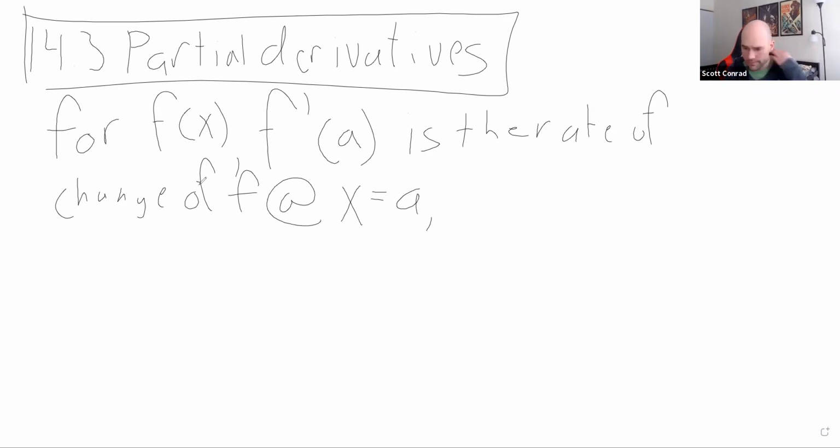In other words, if you're at a and you change your x by a little bit, how much is your function changing?